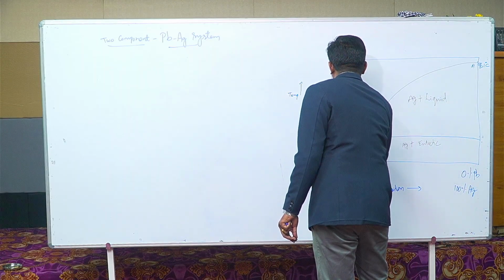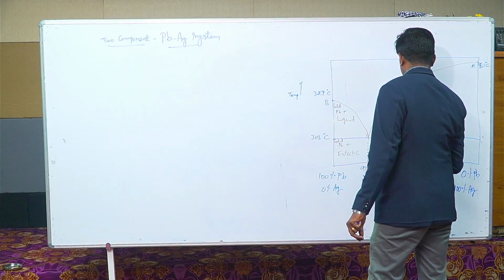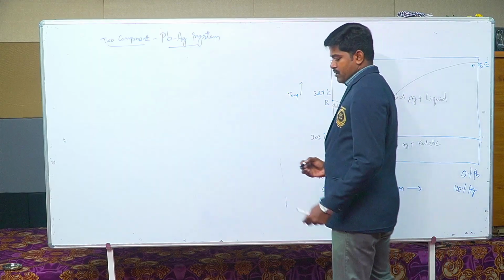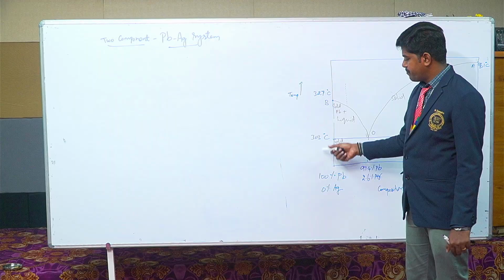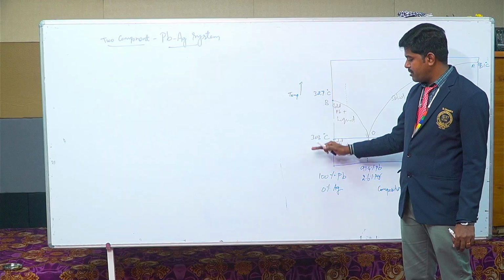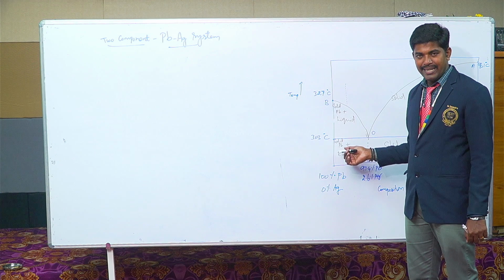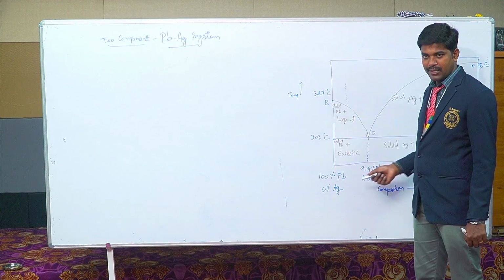In all the places we can mention it as a solid. So carefully listen. At less than 303 degrees centigrade, it will exist as a solid material plus eutectic. So this is the area for lead.